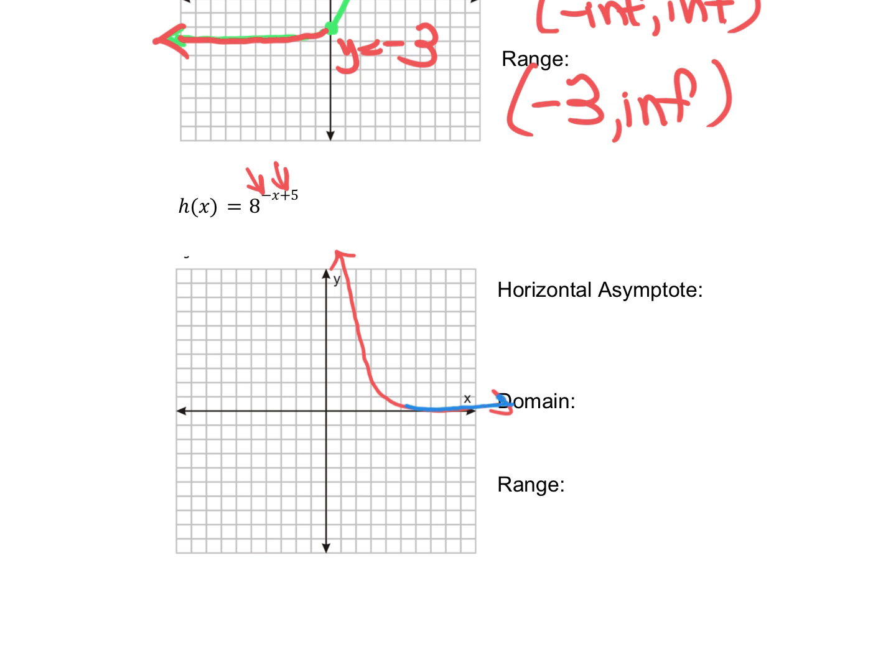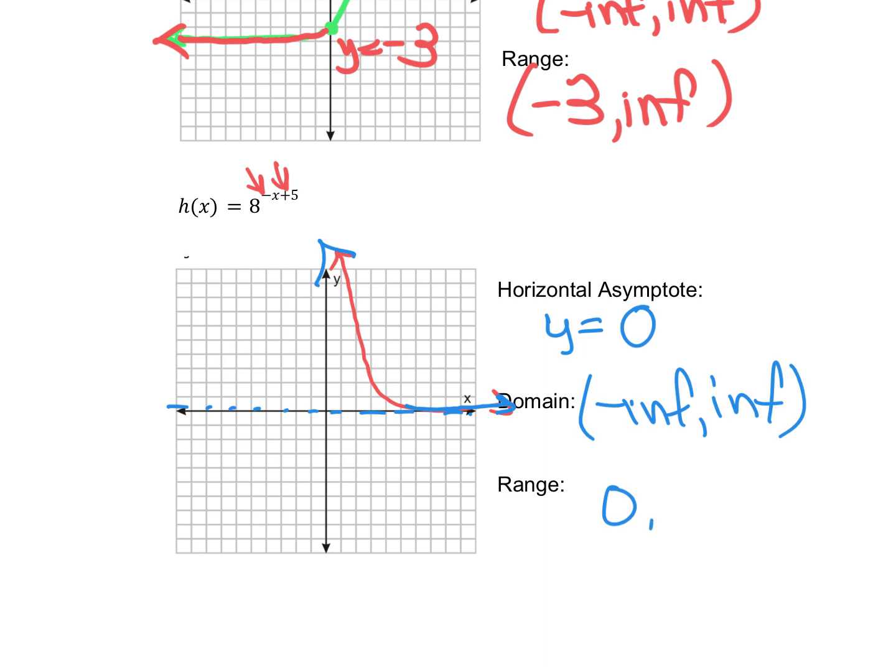It gets closer and closer to that x-axis, but it never actually crosses it. So our horizontal asymptote would be here at y equals 0. And then our domain, again, it's going in both directions, so our domain is -infinity to positive infinity. And our range, it starts at 0 on the bottom, and it goes to positive infinity.